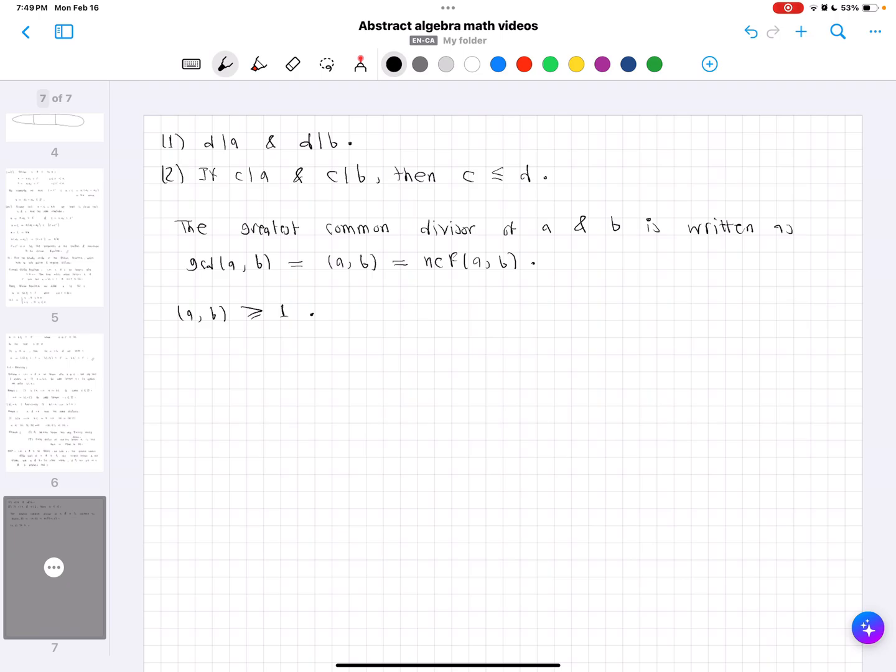So the intuition here is that if you have two integers and you take a linear combination of both, then you're moving a certain number of steps with respect to both integers.